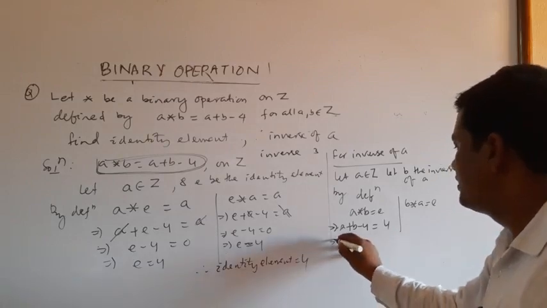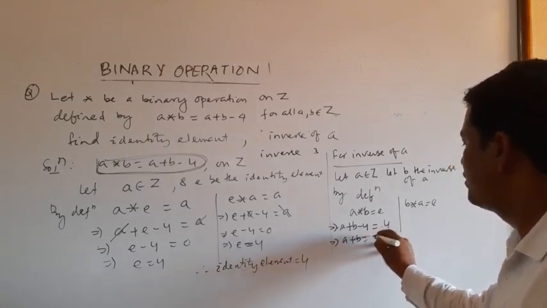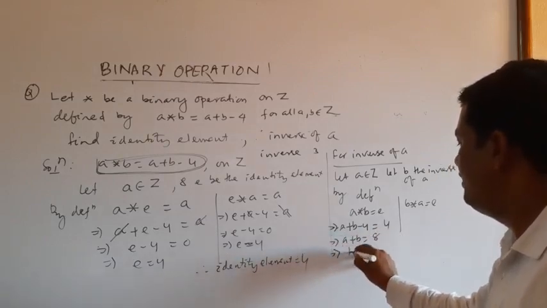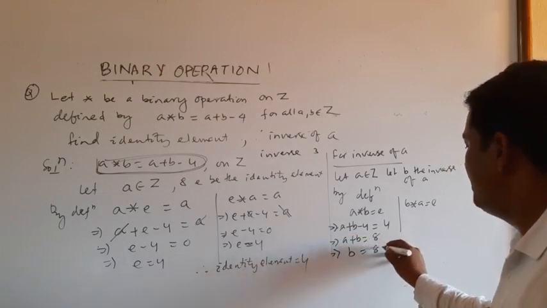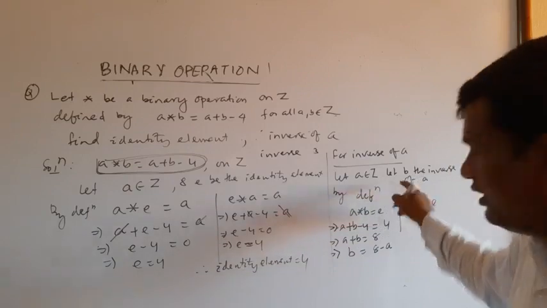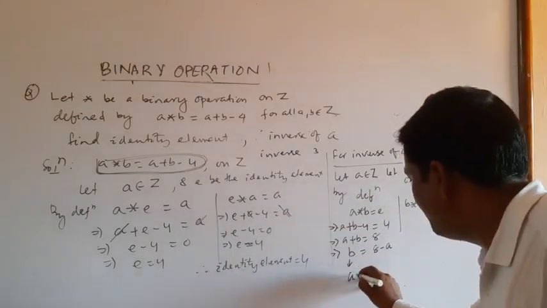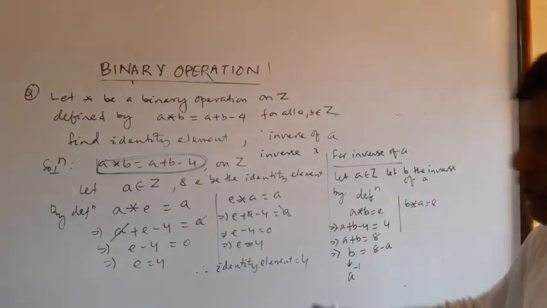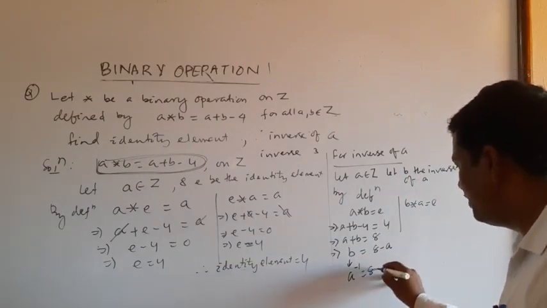So a plus b is equal to 8 and b is equal to 8 minus a. b is the inverse of a, so a inverse is equal to 8 minus a.